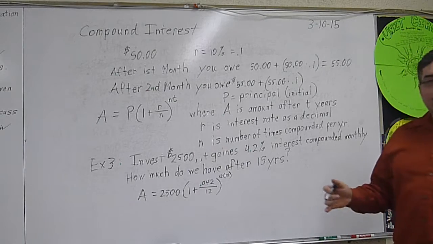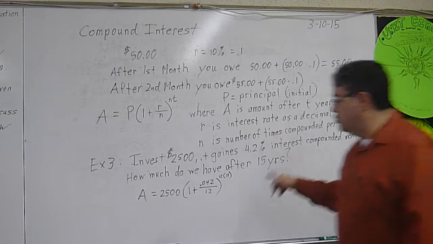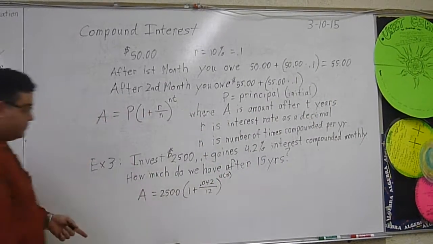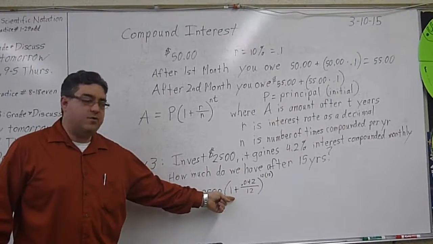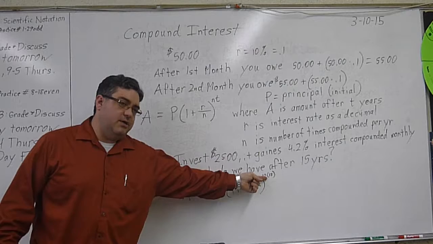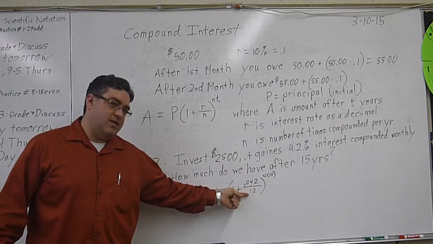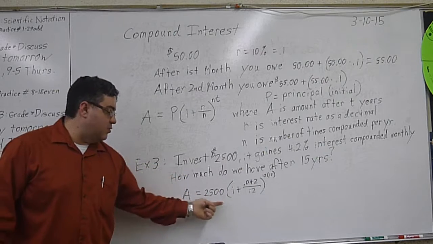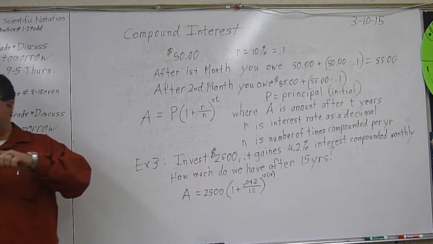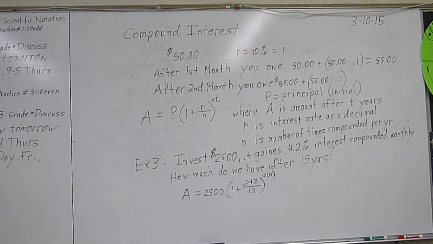The way to do this is to calculate the inside of this first, multiply these, then take this total, raise it to this power, then take that total and multiply it by this number.